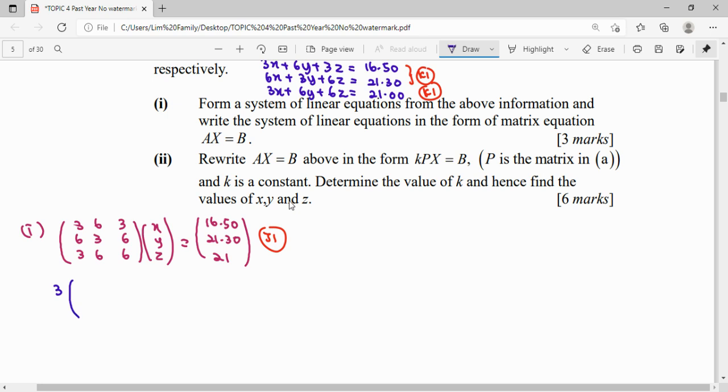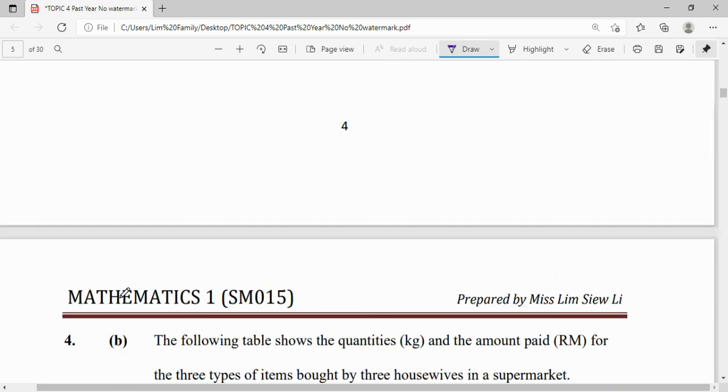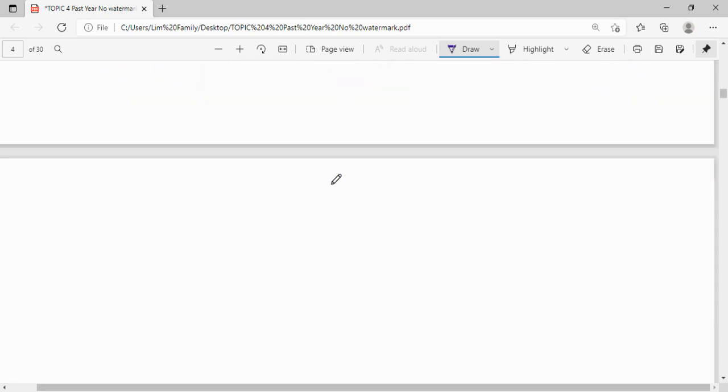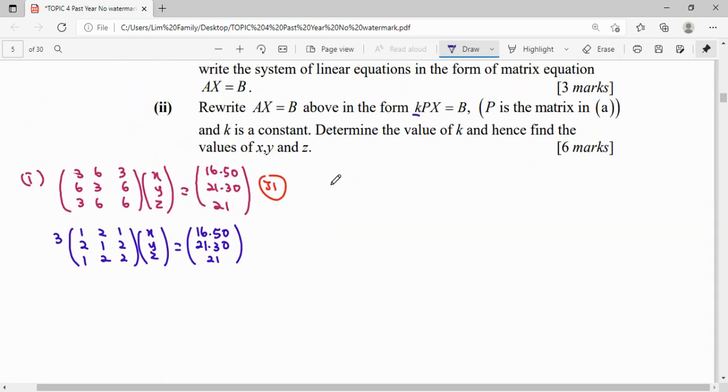When we factorize 3, we get 1, 2, 1, then 2, 1, 2, then 1, 2, 2. After we factorize, this matrix is exactly like our matrix P in question A, which is 1, 2, 1, 2, 1, 2, 1, 2, 2. So this is our k, this is our P, this is our X equals B.